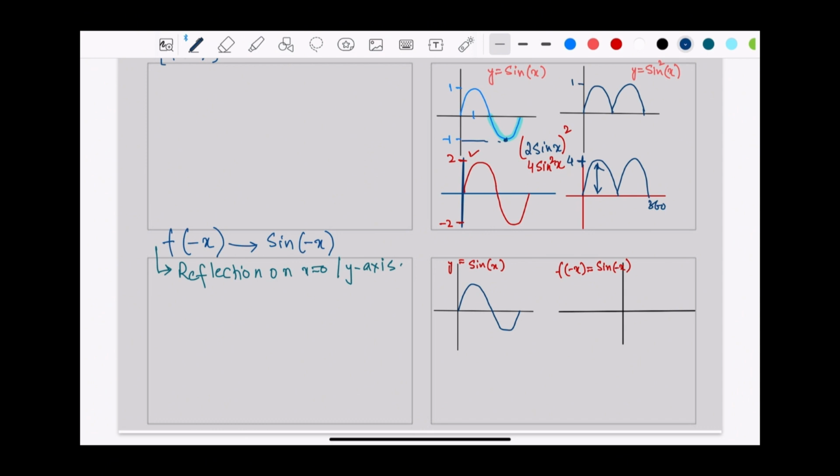This is our basic sine function. And if I draw the sine function with a different light ink, this is my sine function. And if I reflect it on the mirror line, which is this, the y-axis, the graph will look like this.